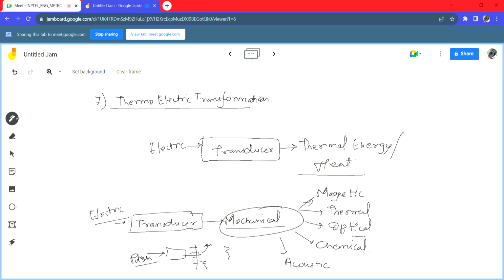So this mechanical movement in itself can create all the secondary effects that we have discussed here. But there are specific cases where we need the transformation of electrical energy into, say, acoustic energy first hand.